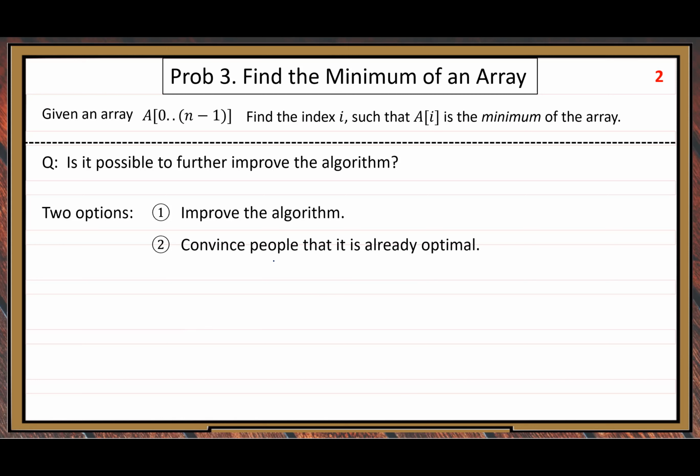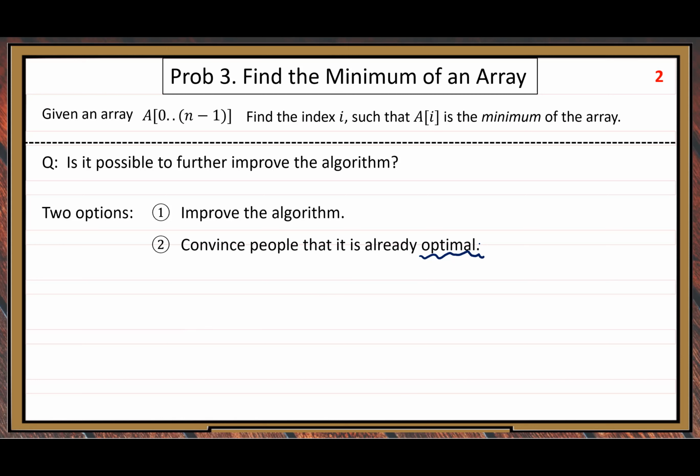That gives us a new concept, optimality of an algorithm. This algorithm cannot be improved. Nobody can improve this algorithm if it is optimal, right? So in this part, we will do our option number 2.